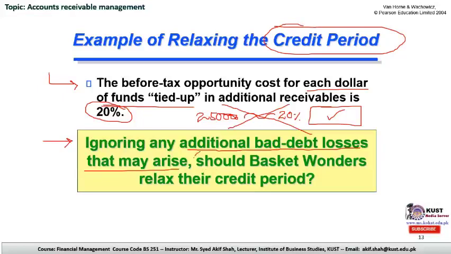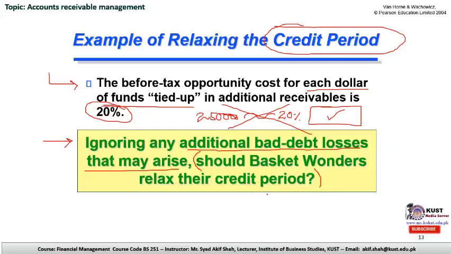So our final question is, should the basket vendor relax their credit period or not? Under these numerical data and terms and conditions of relaxing the credit period, the question is asking us whether the basket vendor should relax their credit period to the customers or not.